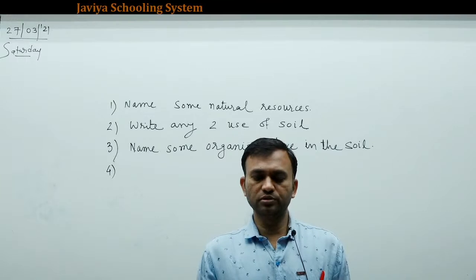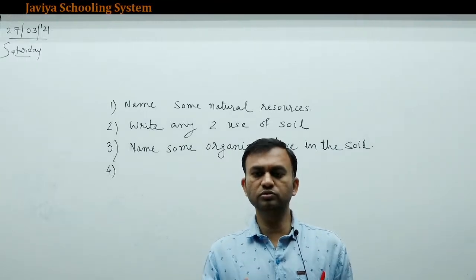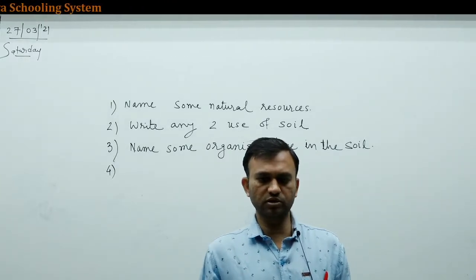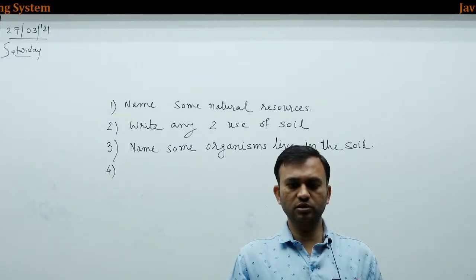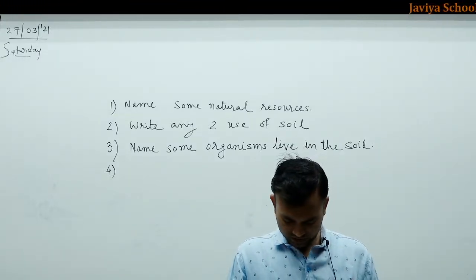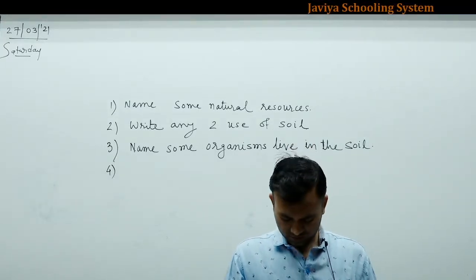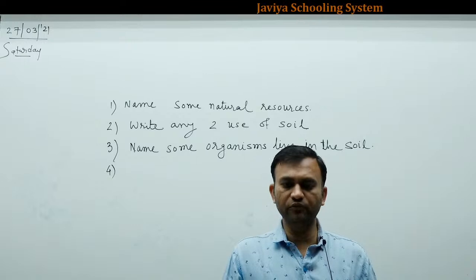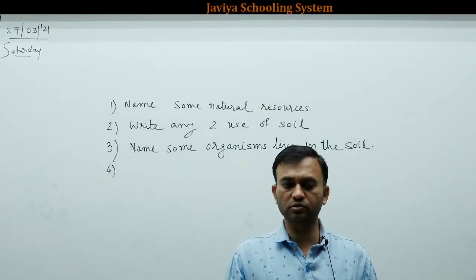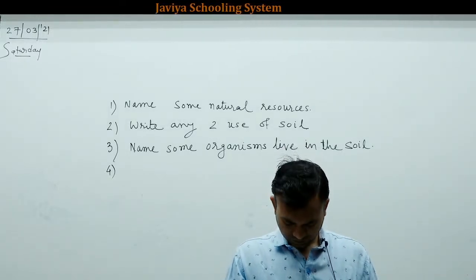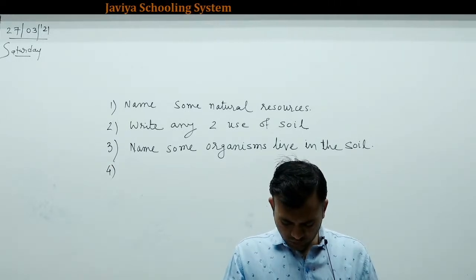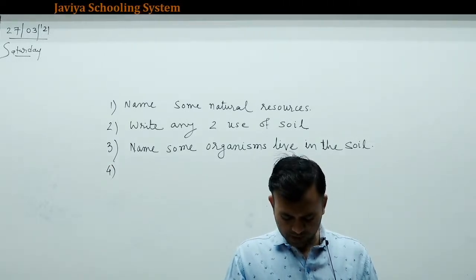Then, formation of the soil. So how does the soil form? The question is how the soil forms. Yes, Kavya Kothari. Soil formation is a very slow process, and it is a step-wise process. It takes millions of years. The soil is formed from rocks by the process of weathering.